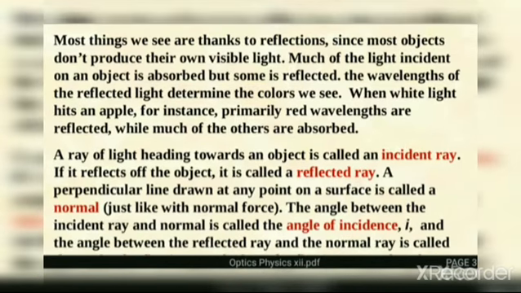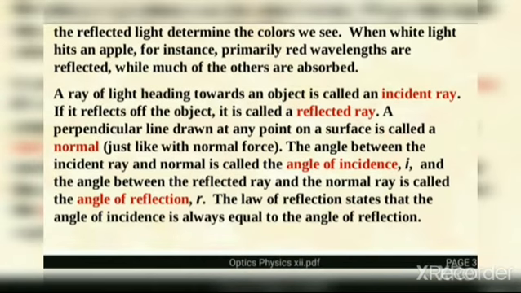When white light hits an apple, primarily red wavelength light is reflected while others are absorbed. That's why you can see the object. Here the object is considered as an apple.